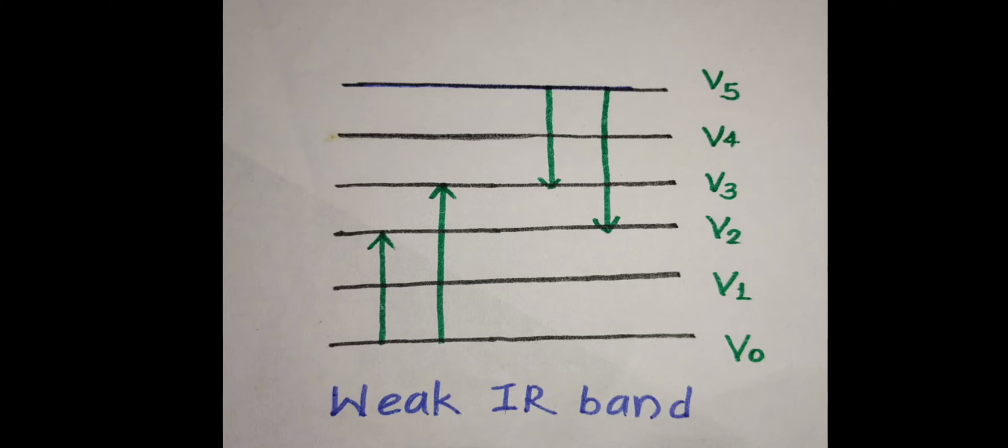On the right side V5 to V3, V5 to V2, the difference is -2 and -3. In allowed transitions, it is IR active. In forbidden transitions the difference is +2, +3 and -2, -3. It gives overtone bands and weak IR bands, and it is called an IR inactive transition.